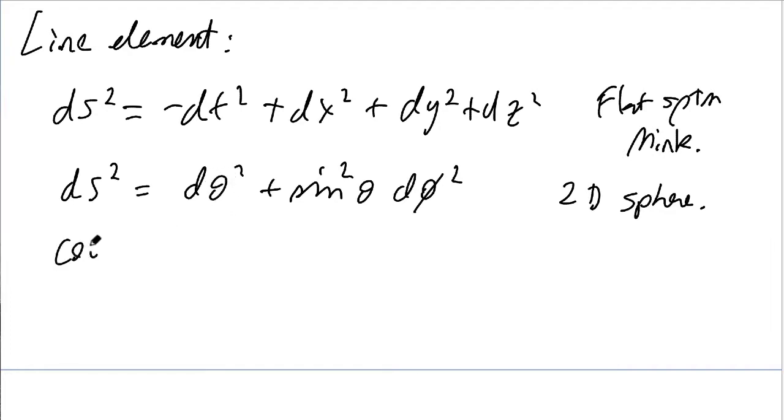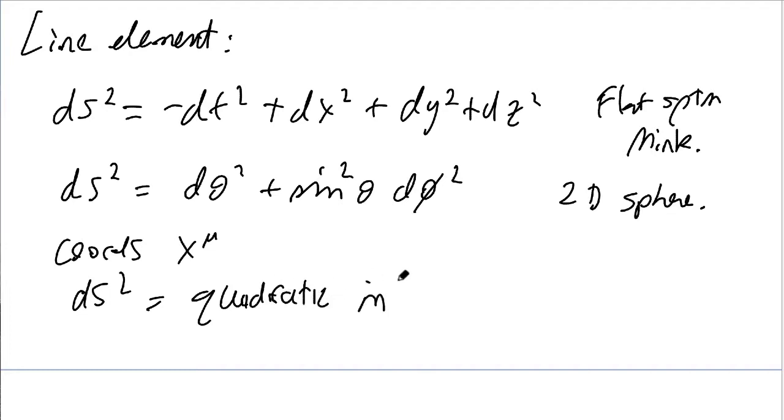So if the coordinates are x mu, then ds squared is quadratic in the dx mu's, with coefficients that can depend on the coordinates, like in this example right here.